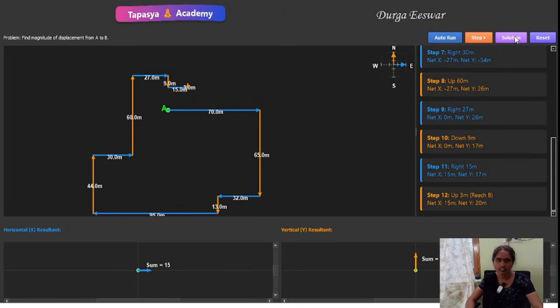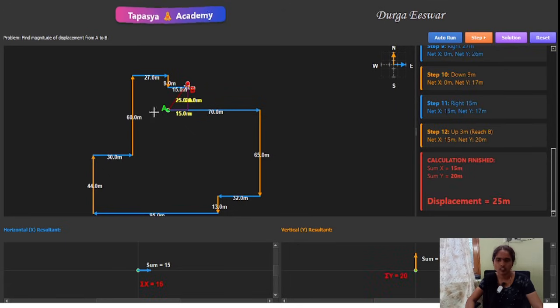I am clicking solution. The motion is in perpendicular directions. The horizontal and vertical vectors, the horizontal and vertical sides, are at 90 degrees to each other.